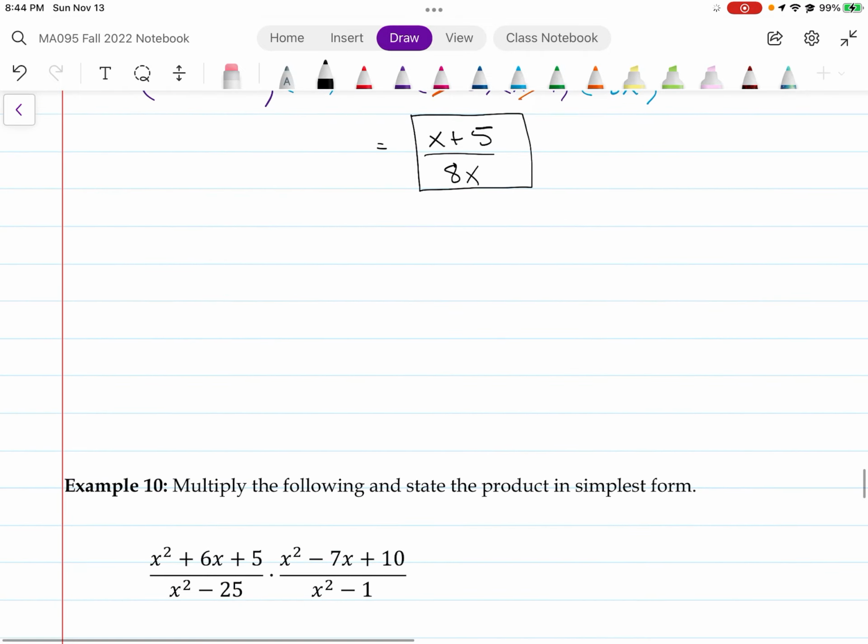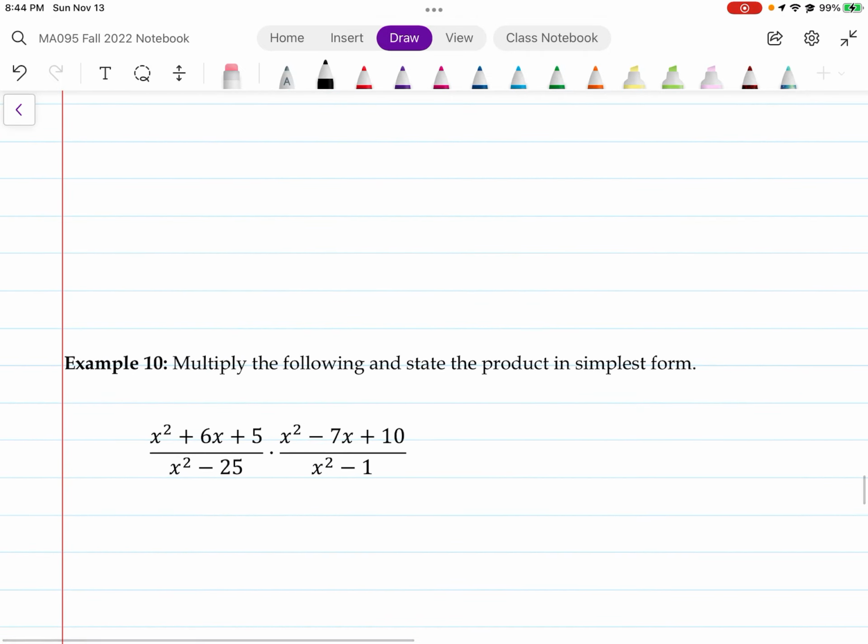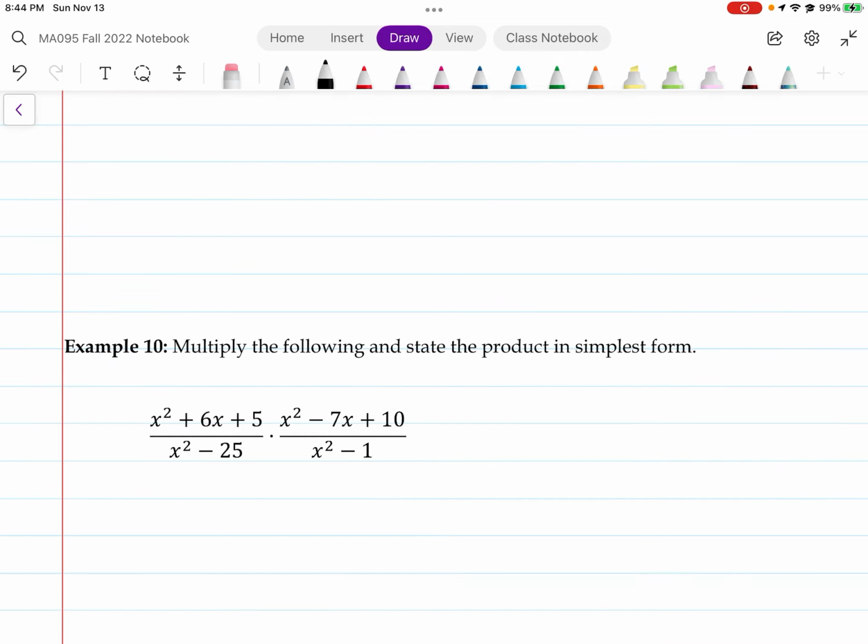All right, here's another one. Whew, look at that. Pause the video and give it a try. All right, so let's factor this one. And that one factors 2, x plus 5 times x plus 1. Then I'm going to factor this one, and notice they're multiplied together, so I'm just going to put them all together on top.